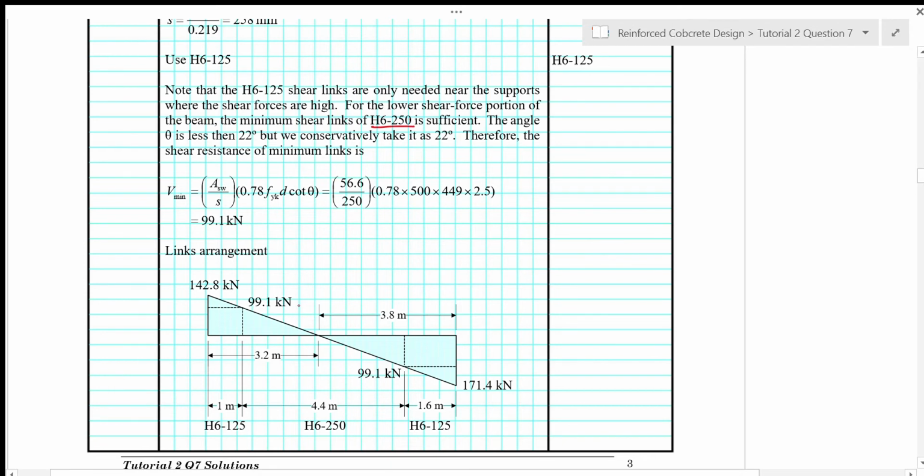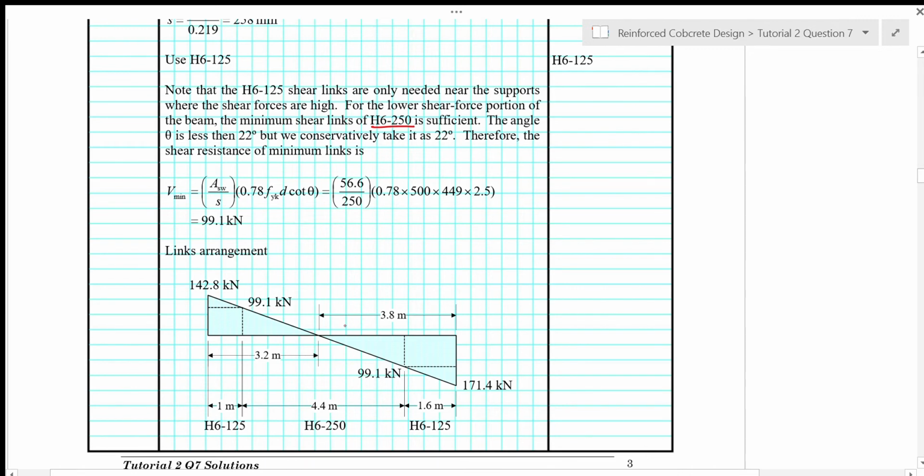So from the shear force diagram of span AB, we know that this distance is 3.2 meter and this distance to zero shear force is 3.8 meter from support B. So based on these two values and from proportional triangle with the value of maximum shear force of 142.8 kilonewton and V min of 99.1 kilonewton, we can determine this distance here, which is approximately 1 meter.